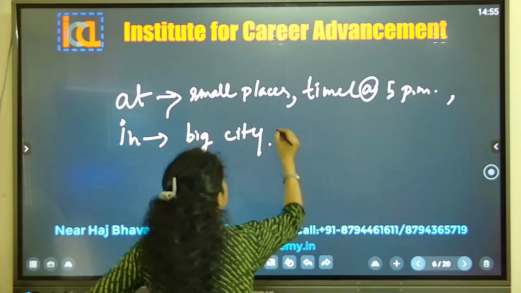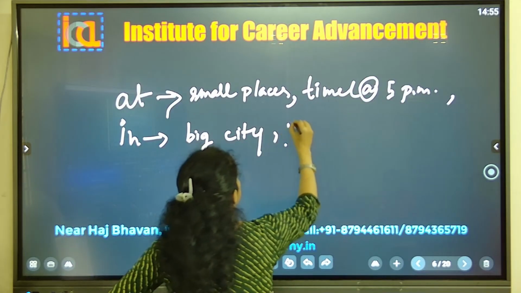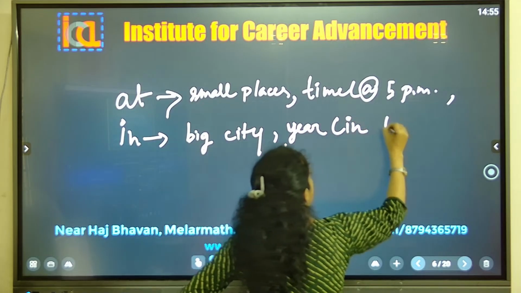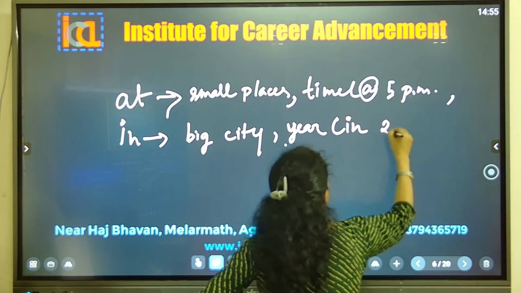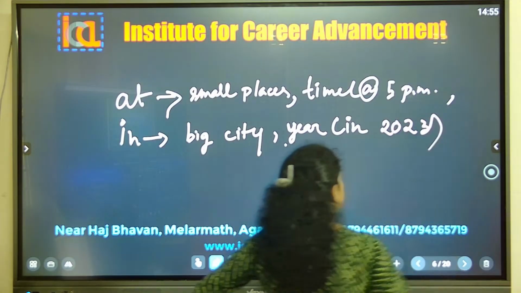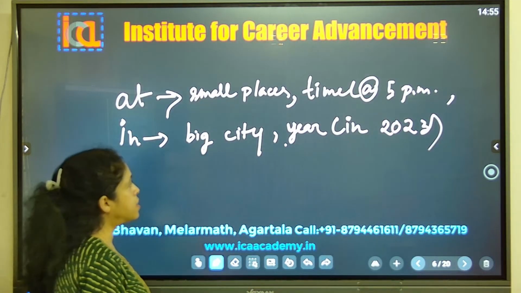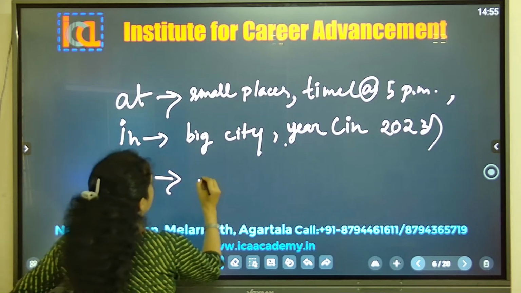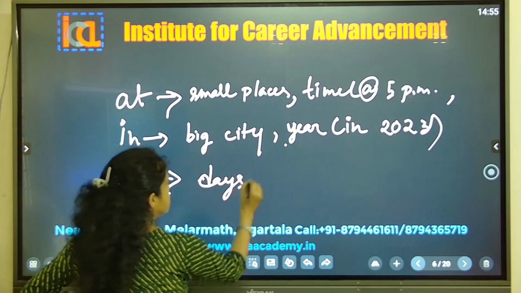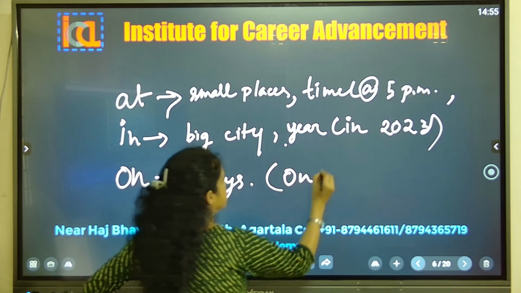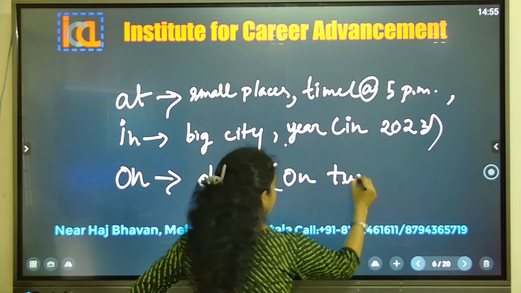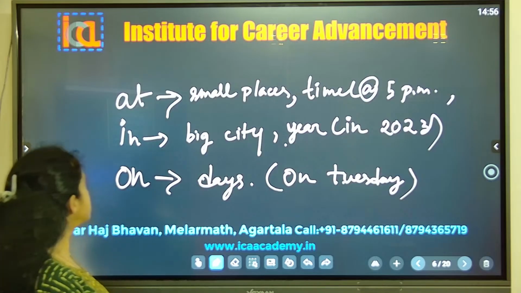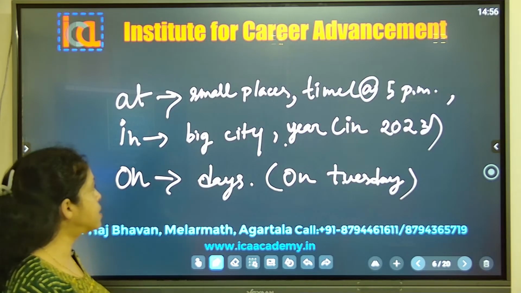In, suppose mentioning a year, in 2023. At, in. On, we use it for mentioning the days. Suppose on Tuesday. So like that we use at, in, on.